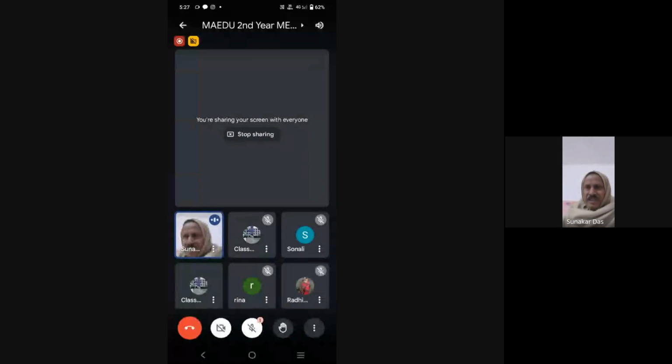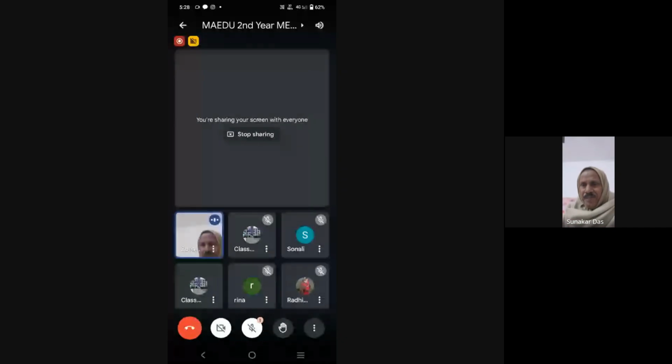And next, the projected method. The materials which the teacher wants to present before the students should be very effective if the materials are presented through the projected machine or OHP, whatever it may be.